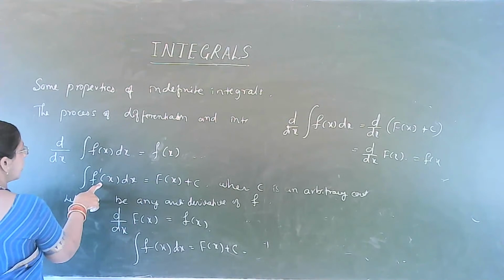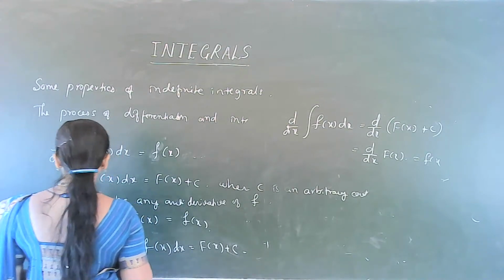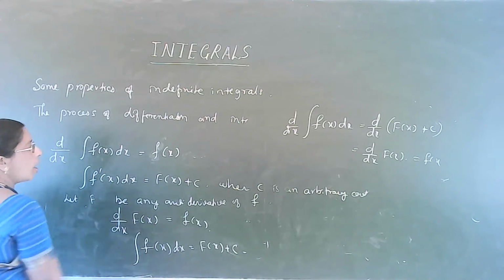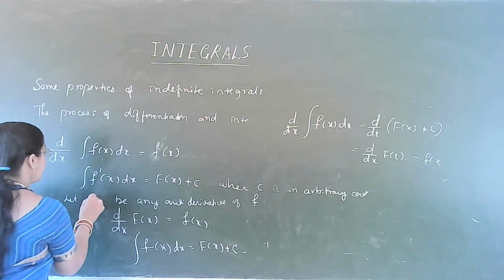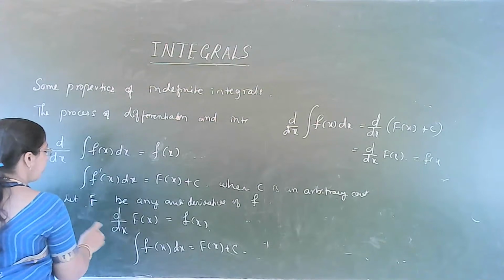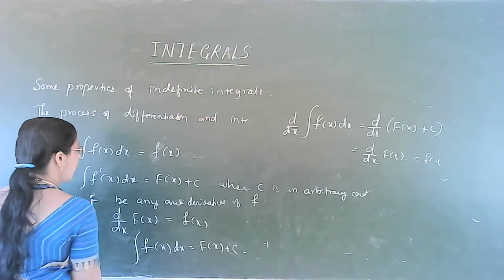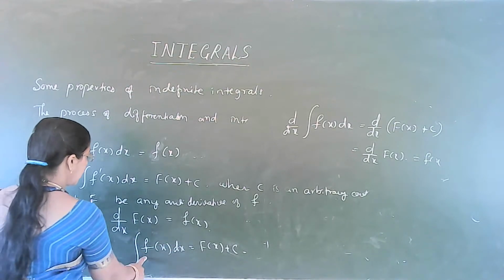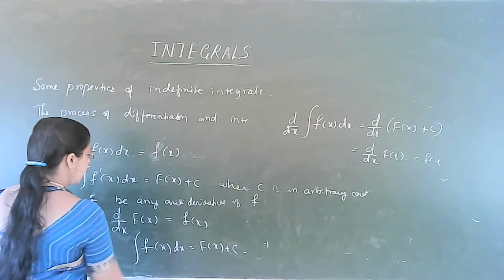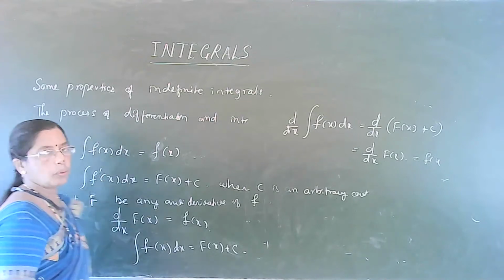Integration of f dash x dx is equal to f of x plus c, where c is an arbitrary constant. Let F be any antiderivative of f. F is an antiderivative of f. d by dx of F of x is equal to small f of x. Then integration of f of x dx is equal to F of x plus c. It's the antiderivative.